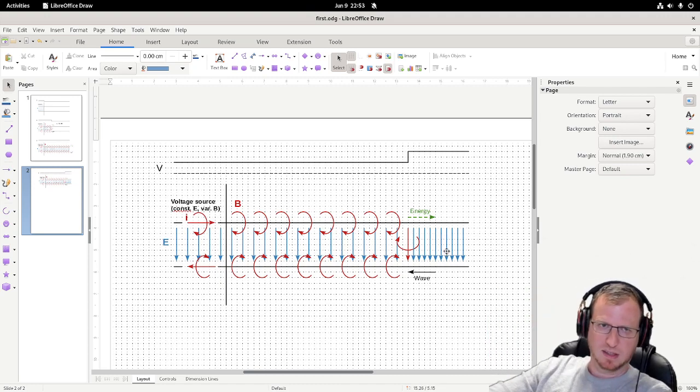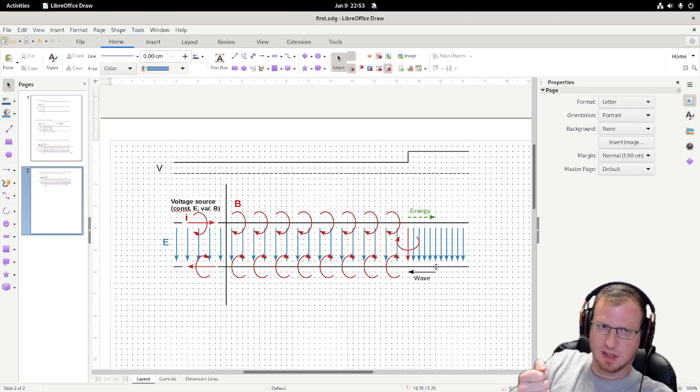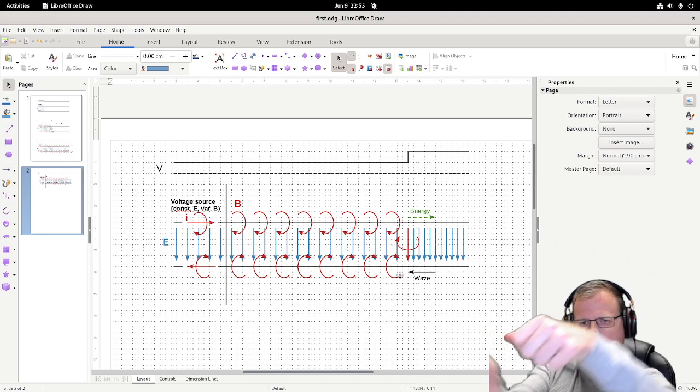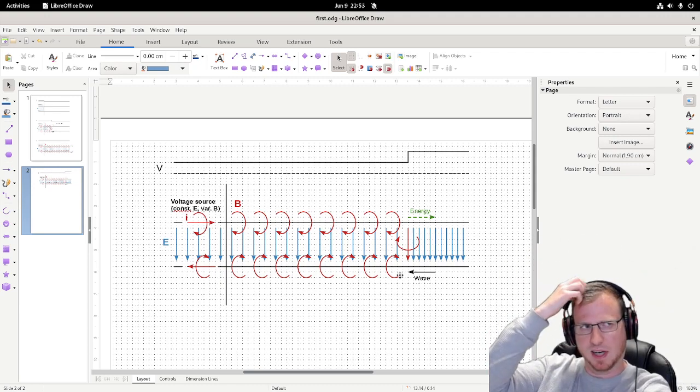The electrons are packed into the transmission line, at least here, and on the opposite side they are pulled back at this point. So it's more like a switch of electrons.